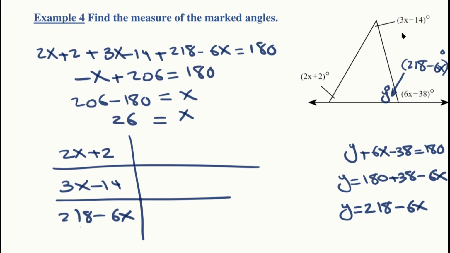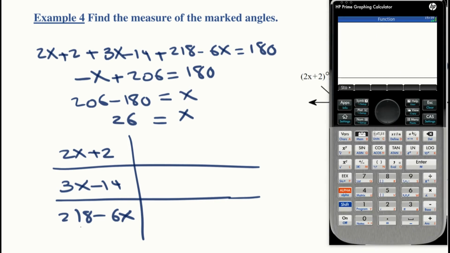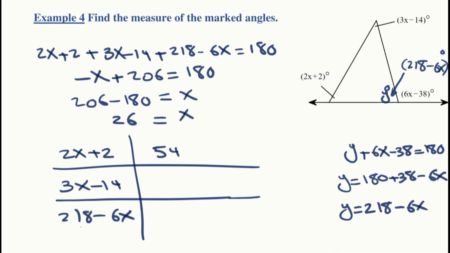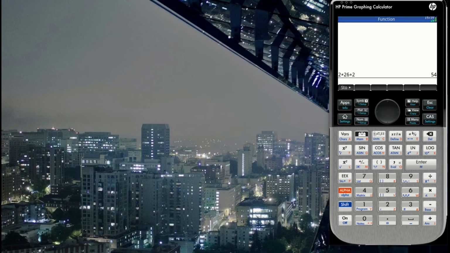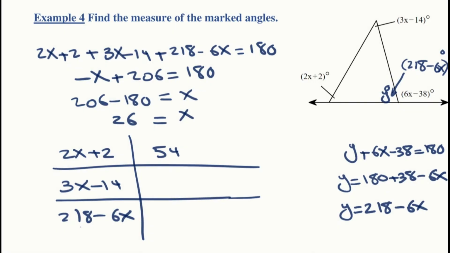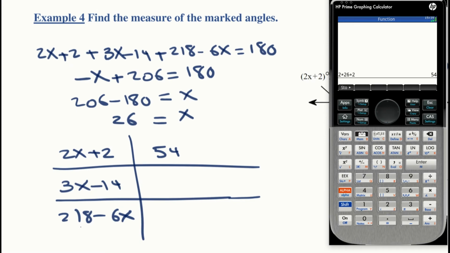Now that part we can do quickly on a calculator. So let's bring that up. All right, so we have 2 times 26 plus 2. So we get 54 for that angle. And then we have 3 times 26 minus 14.